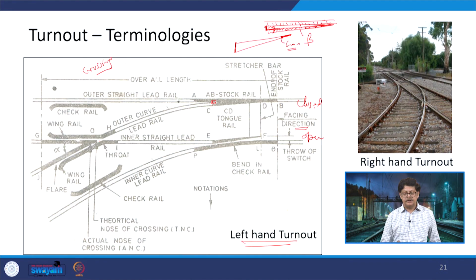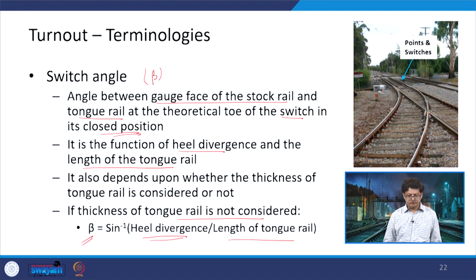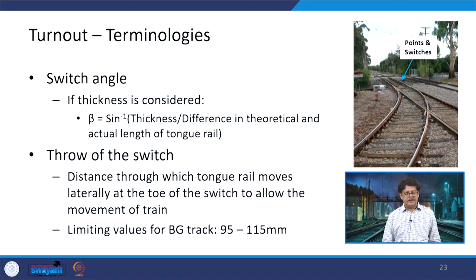Okay, so, the heel divergence which is coming at this point. So, there is a block as I said here, and then there is a rail. So, heel divergence is this distance and this is the length of the tongue rail. And if the thickness is considered, then it is thickness divided by the difference in the theoretical and actual length of the tongue rail.